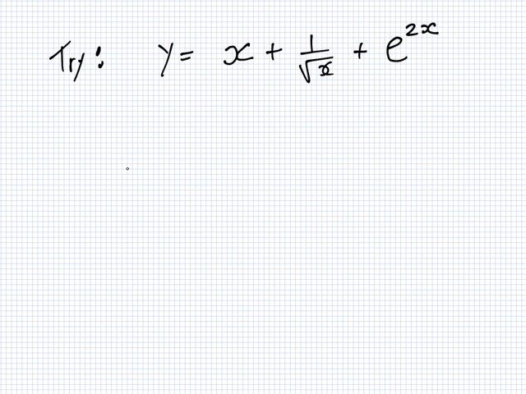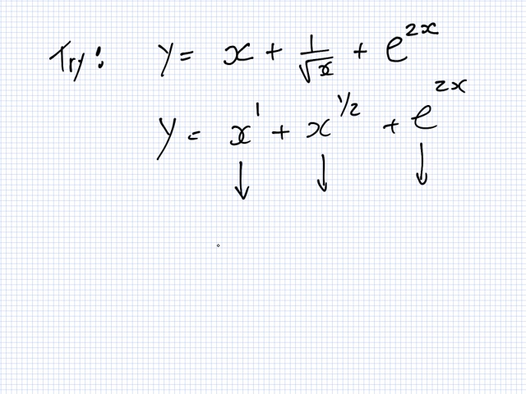Okay. How do we feel about this? We got answers? So the first thing I should do is change this into x plus x^(-1/2)... plus e^(2x). According to my rules, this will become 1x^0. And this will become a half x to the minus a half.